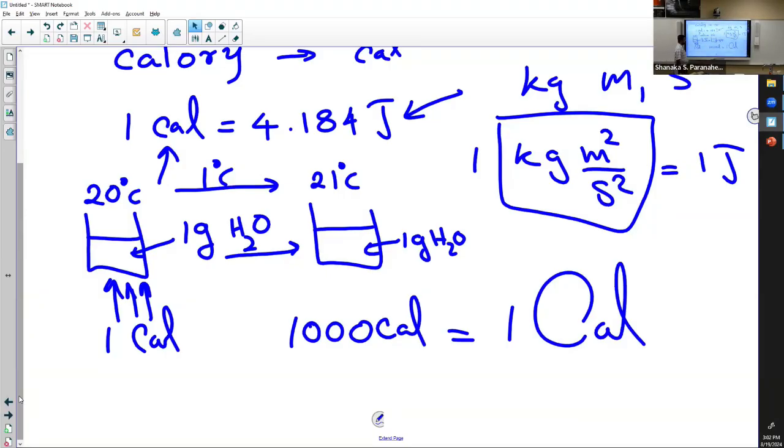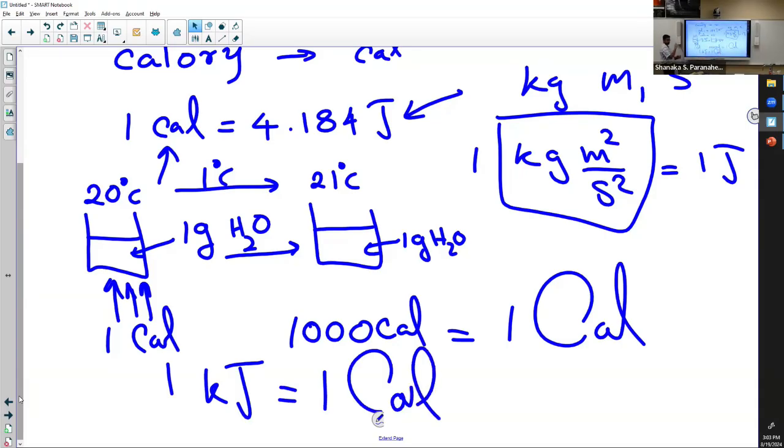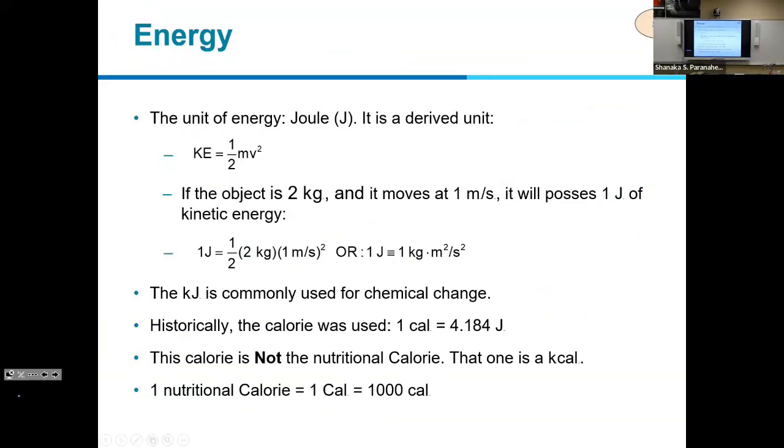When you read a nutritional label, the calorie value we are going to see is the big calorie, or kilocalorie. 1 kilocalorie is equal to 1 nutritional calorie. This is what you see on the nutritional label. So normally energy values are going to be large values. That's what you're going to see on this slide. So you have the definition of 1 calorie and equations.